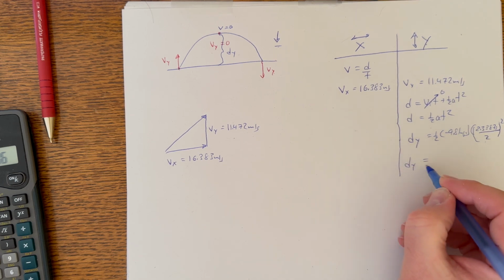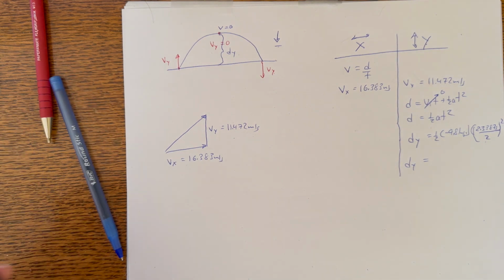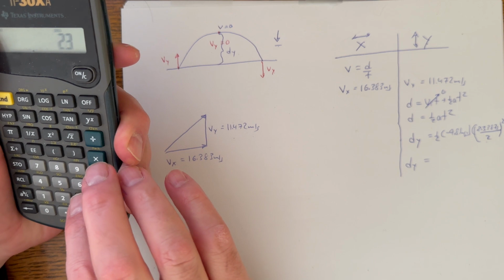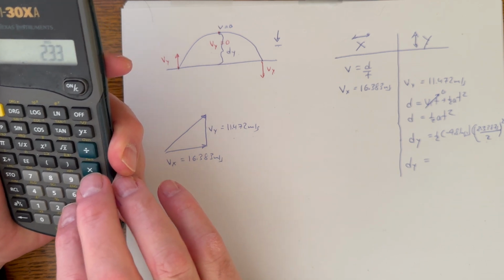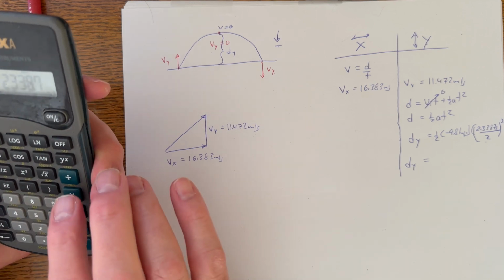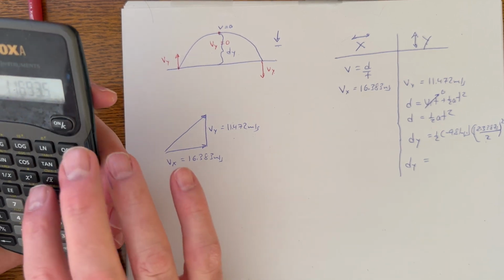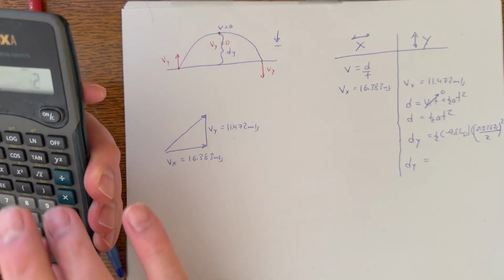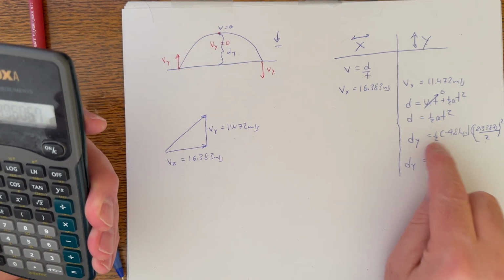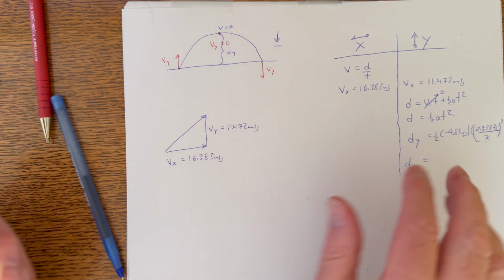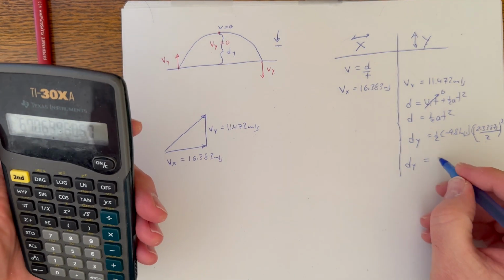So the distance down in the y dimension is going to be, let's see, 2.3387 seconds divided by 2. Don't forget to square it. Times 9.81 divided by the 2 because of the 1/2 right there. Is what I'll get. And that gives me a dy.